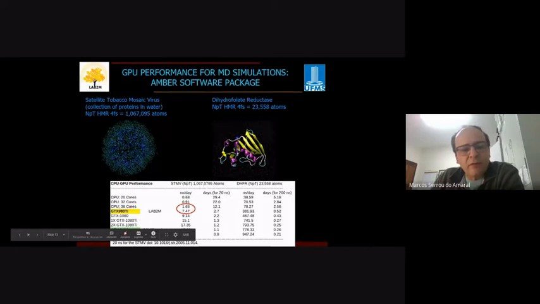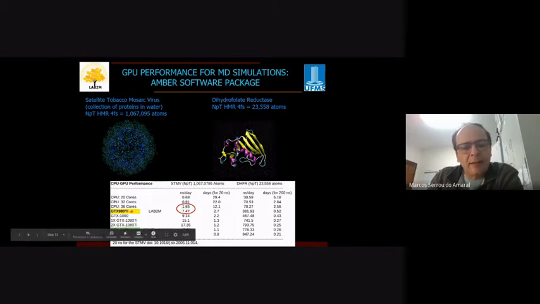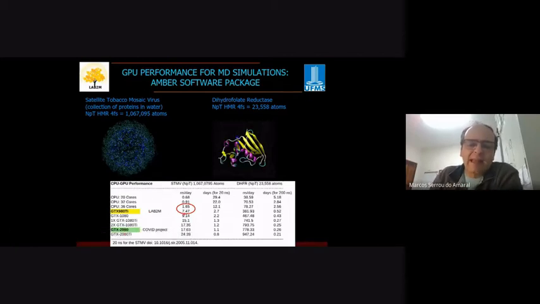For CPUs with 36 cores, to simulate the virus, the performance is almost 2 nanoseconds per day. And in our GPU, the yellow one, you can go to almost 8 nanoseconds per day. So the performance is almost 7 times faster. This is really good.